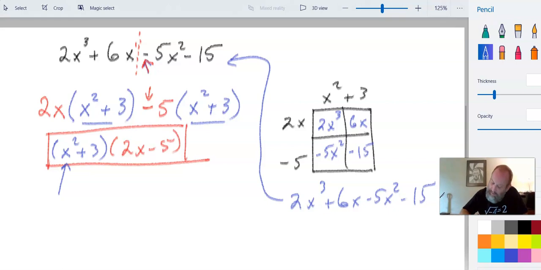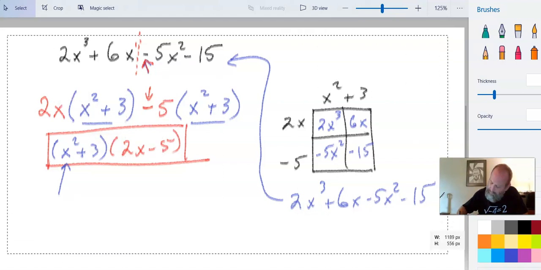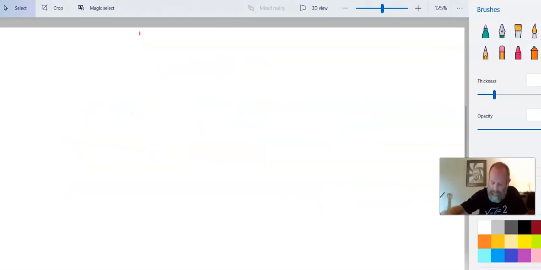Okay, so let's go ahead and get this off of here, and we'll take a look at the next technique. Okay, now this next set of examples is going to be using grouping to factor trinomials, which is going to feel very unusual because trinomials, right, it's right there in the name.